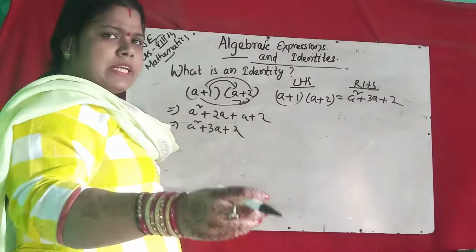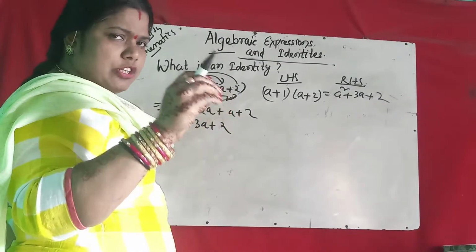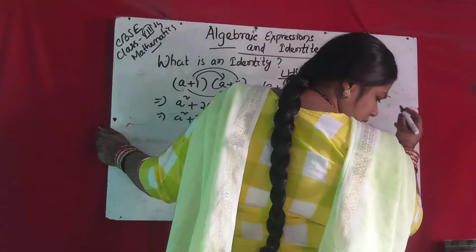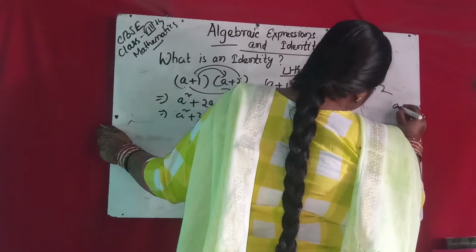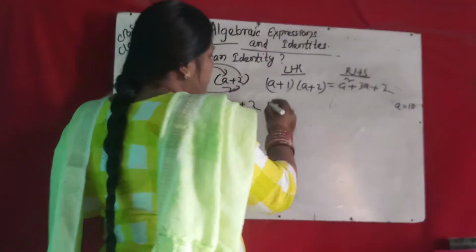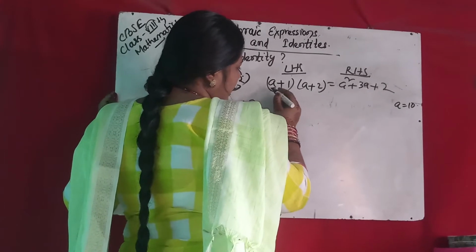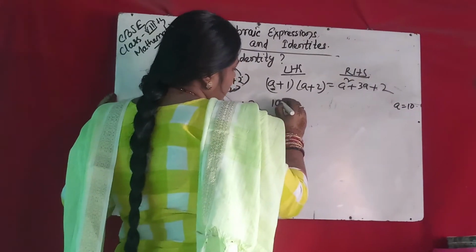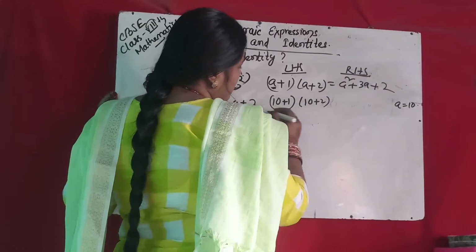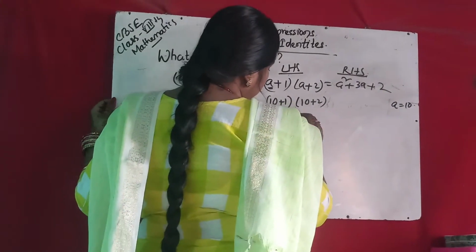So if you take the value of a, any number, suppose first you take a equal to 10. In place of a you put the value 10: 10 plus 1 into 10 plus 2, that is 11 into 12.